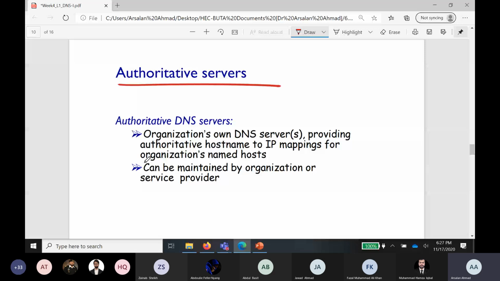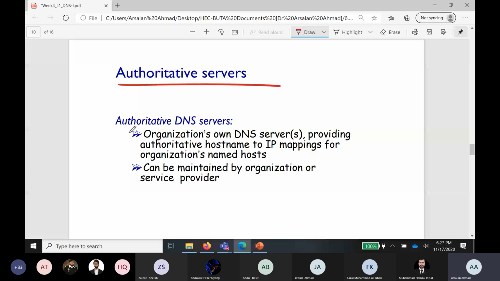It is the organization's own DNS server providing authoritative host name to IP mapping for the organization's named hosts. There will be one authoritative DNS server for each domain around the globe, so each domain must have its own authoritative DNS name server.